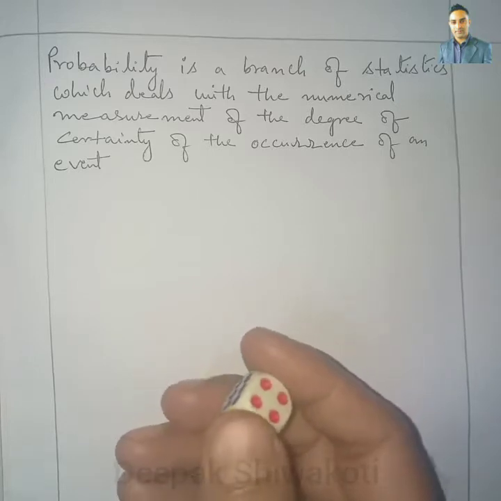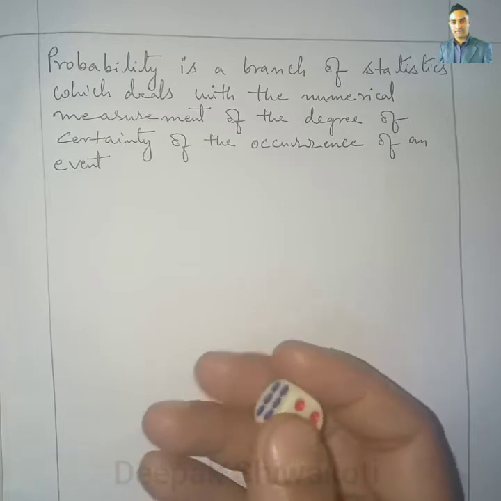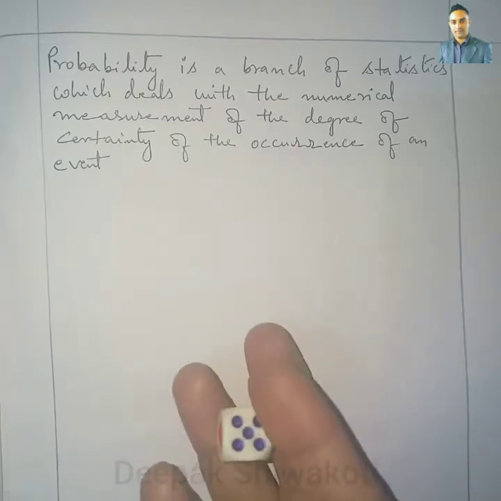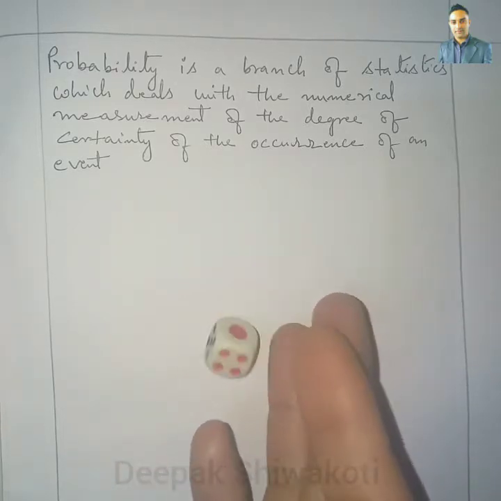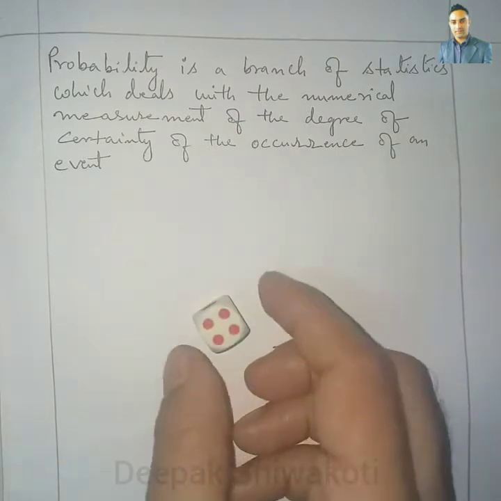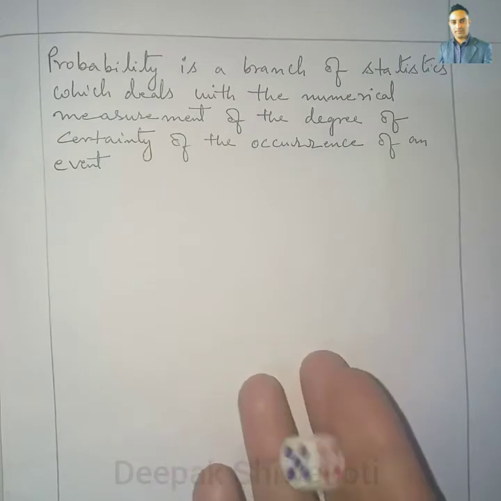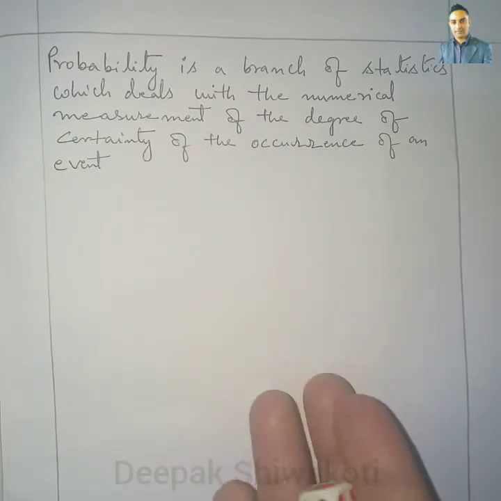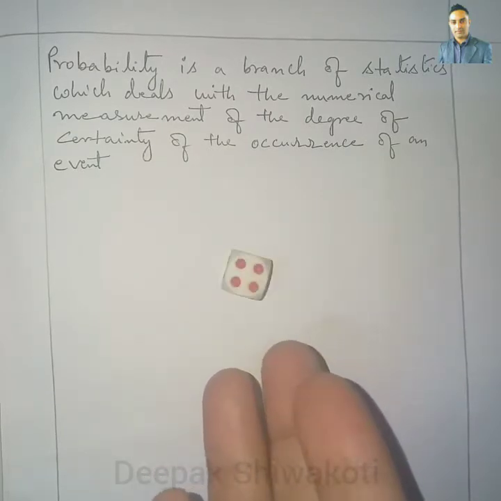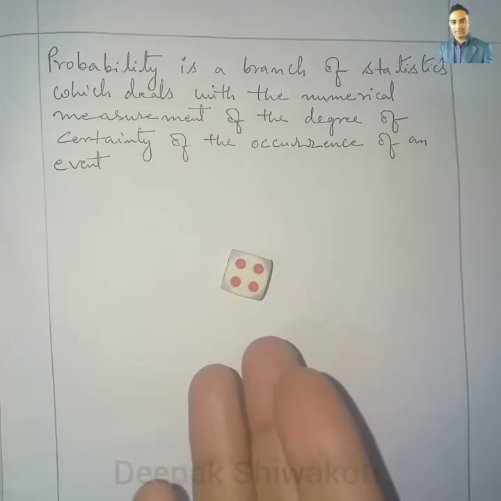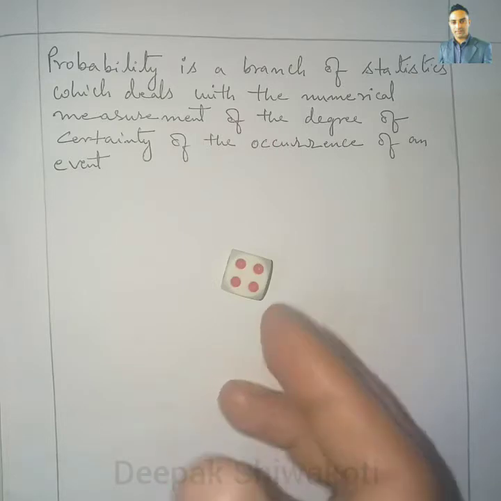So this is an experiment or an operation where we know the outcomes in advance. But random experiment is an experiment in which all outcomes are known, but what exact outcome is going to come we don't know, okay, we cannot predict it. So this is a random experiment.